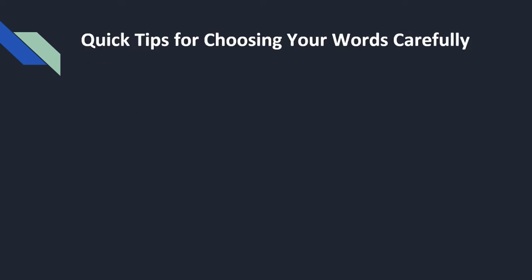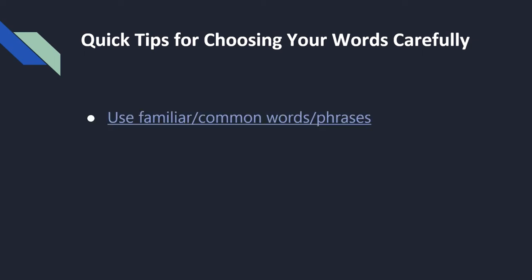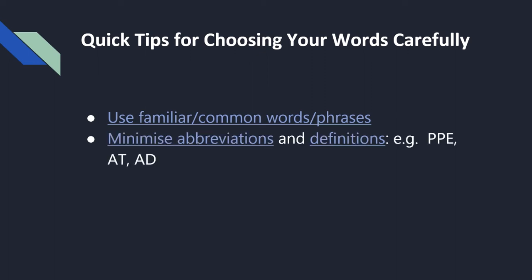Before we jump into our example, I'm going to give you some quick tips for choosing your words carefully and writing captions and headlines that align with plain language principles. First, use familiar and common words and phrases. This plays into knowing your audience and writing as though you're having a conversation. Second, minimize abbreviations and definitions.